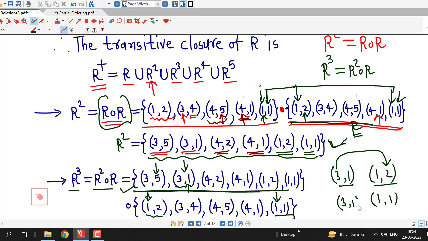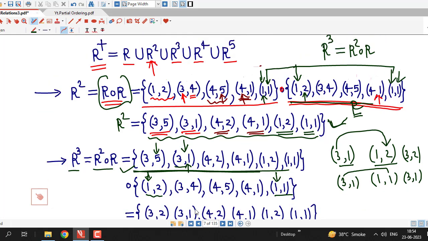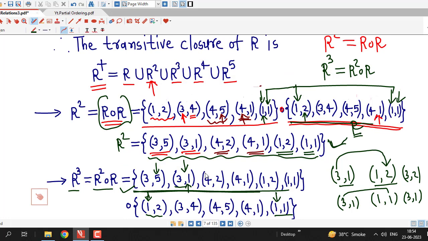Similarly 3 1 belongs to R2, 1 1 belongs to R, so I have to write 3 1 in R3. So we obtain 3 2 and 3 1. So that I have written here, ordered pair 3 2 and 3 1. So I have finished for this ordered pair 3 1.